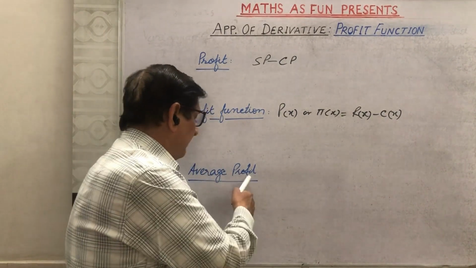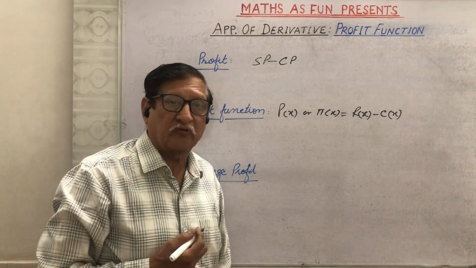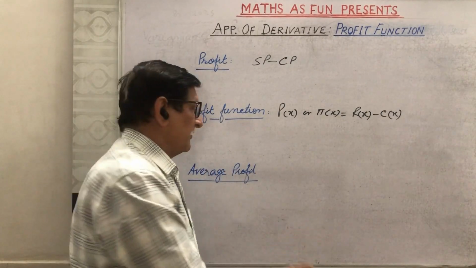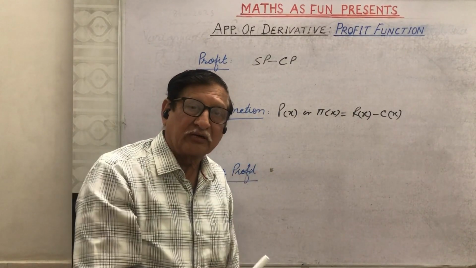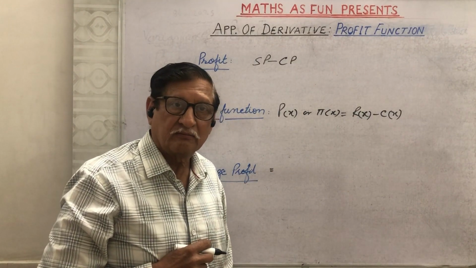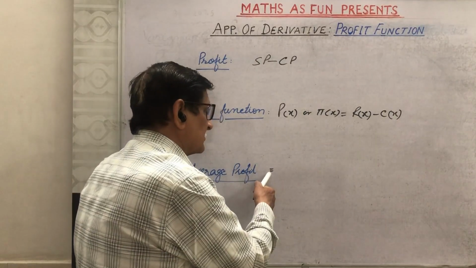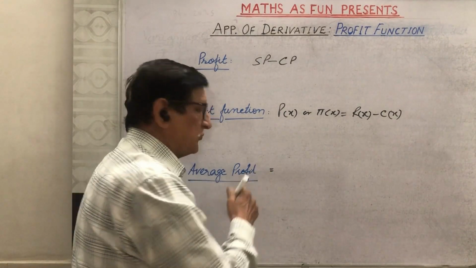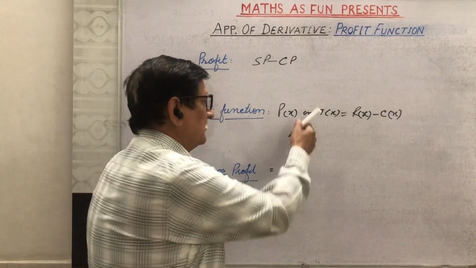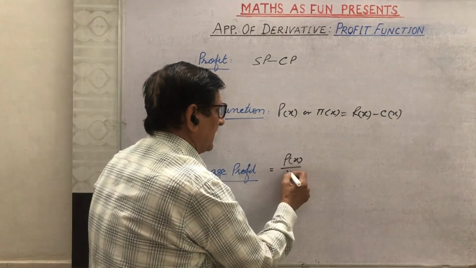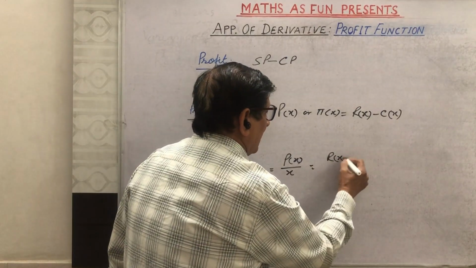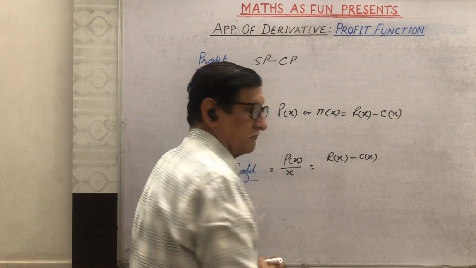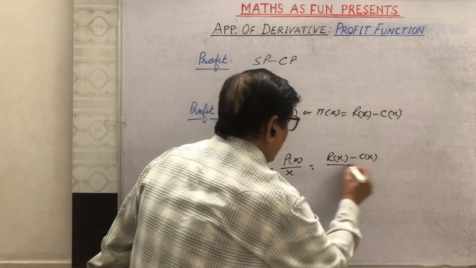Then the average profit. What is average profit? Average, as we know, will be the profit divided by the number of commodities we sell. Same way here we can say the average profit will be equal to P(x) divided by x. P(x) is R(x) minus C(x) divided by x.